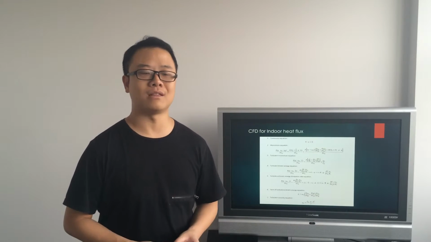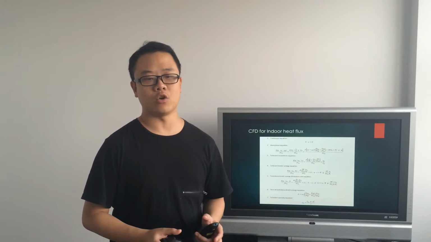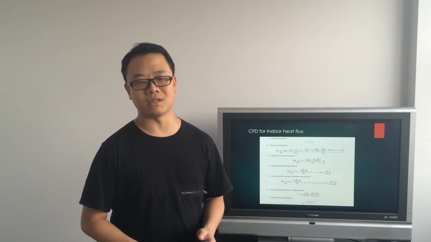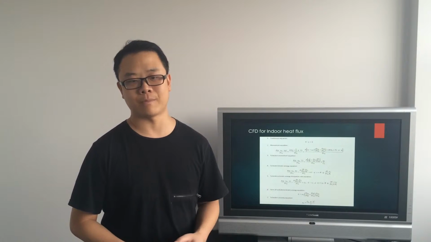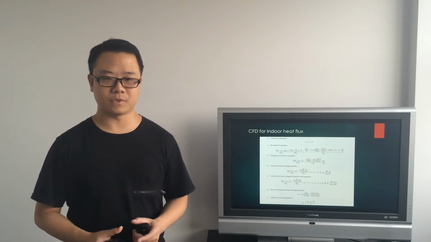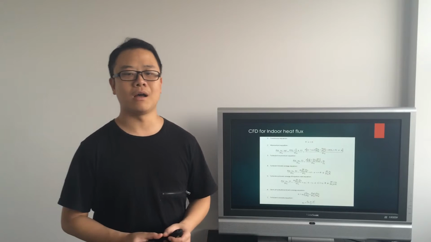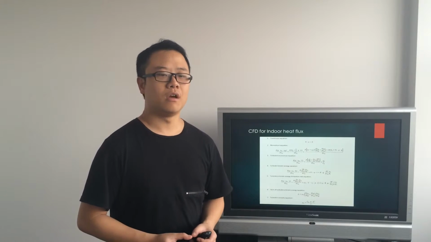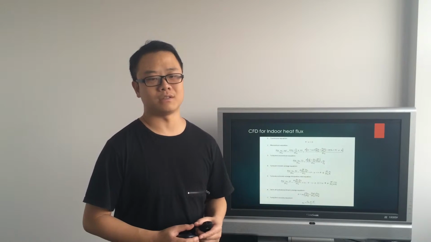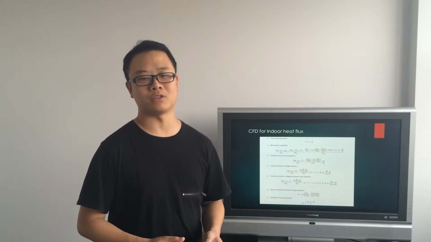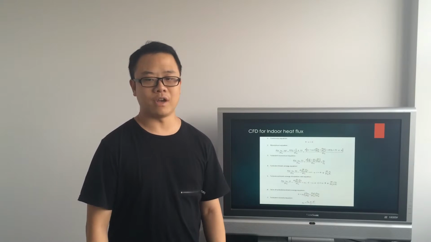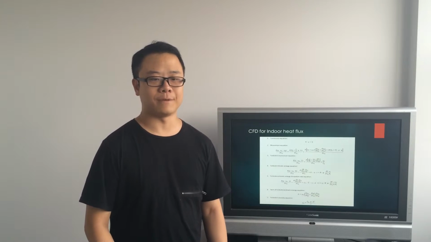C1, C2 and C mu are constant values of 1.44, 1.92 and 0.09 respectively. Delta K and delta epsilon are the Prandtl numbers of turbulence for the kinetic energy of turbulence and the dissipation rate of turbulence respectively, and the values are 1 and 3.